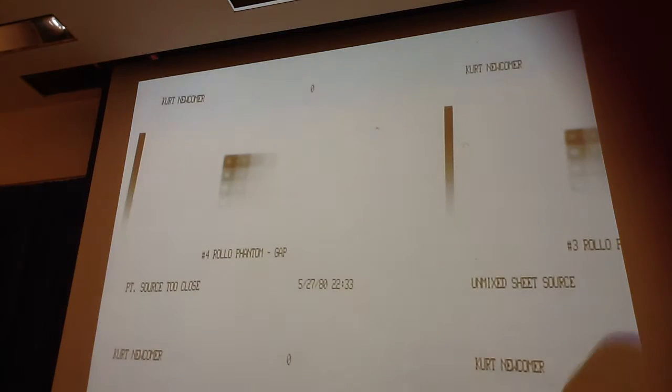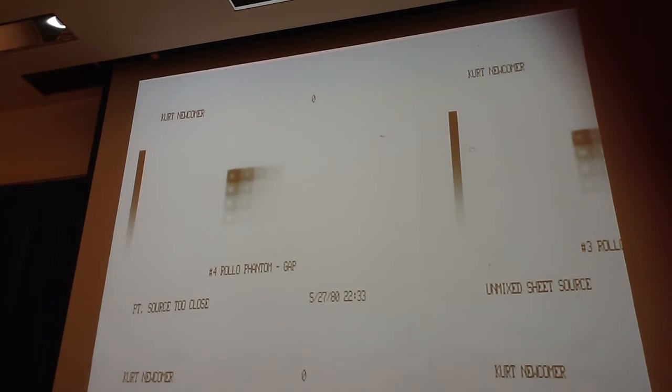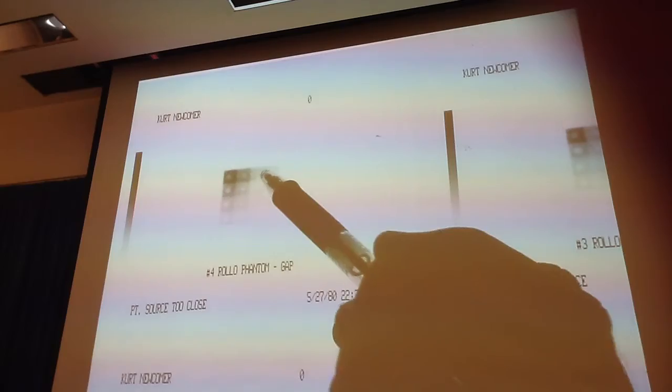Okay, another type of test that you may do, there's another phantom out there called a Rollo phantom. You probably won't see this done very often, but sometimes in order to get an idea of the contrast of your imaging system, so in other words, how many colors does it display, and is it accurately displaying those colors? If you notice we have 1, 2, 3, 4 by 1, 2, 3, 4.